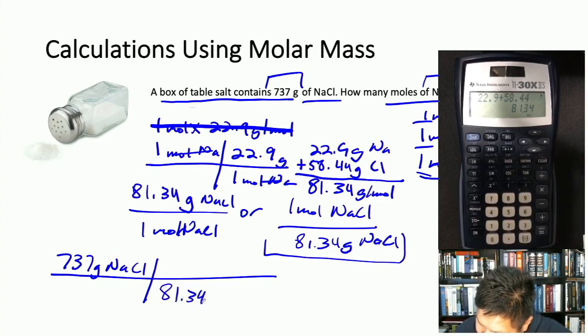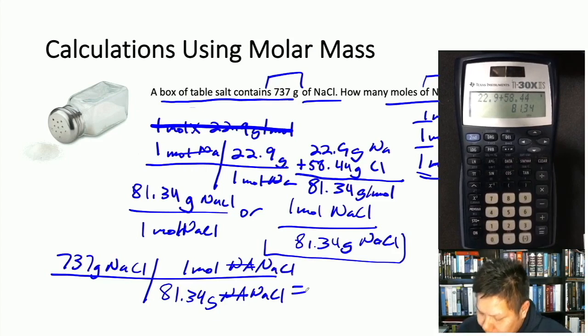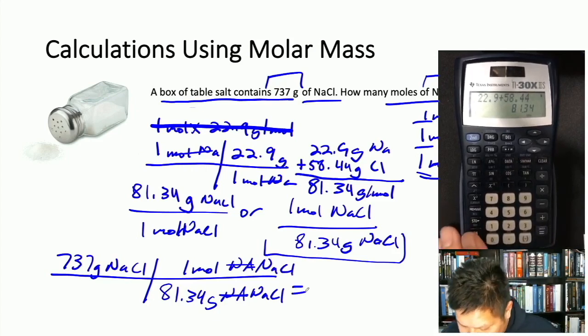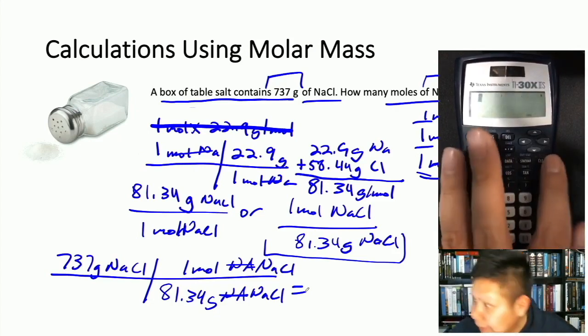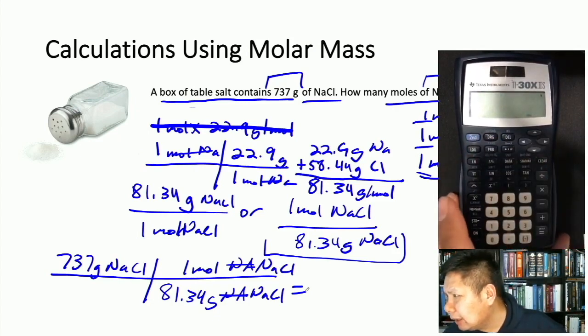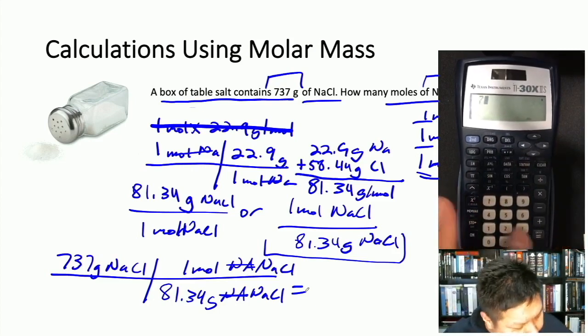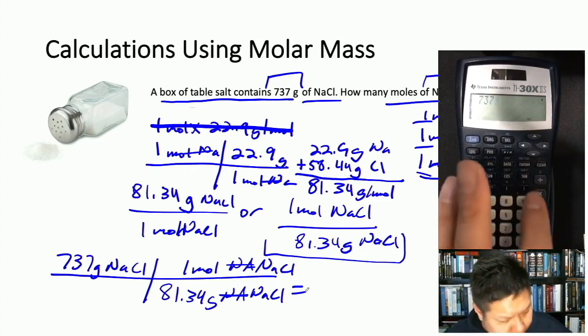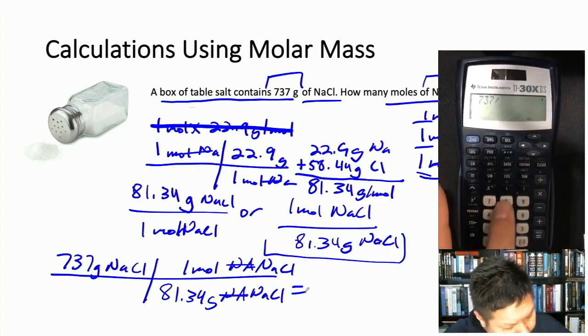81.34 grams NaCl to 1 mole NaCl. What does that equal? Pretty simple, all we have to do is multiply the 737 times the 1 mole and then divide it by 81.34. So let's go ahead and clear, and then type in 737 divided by 81.34.